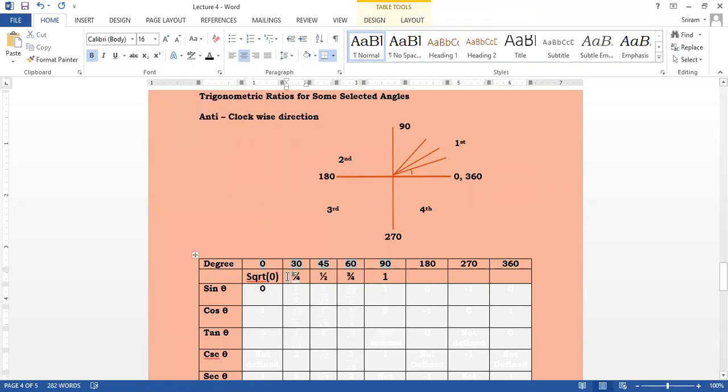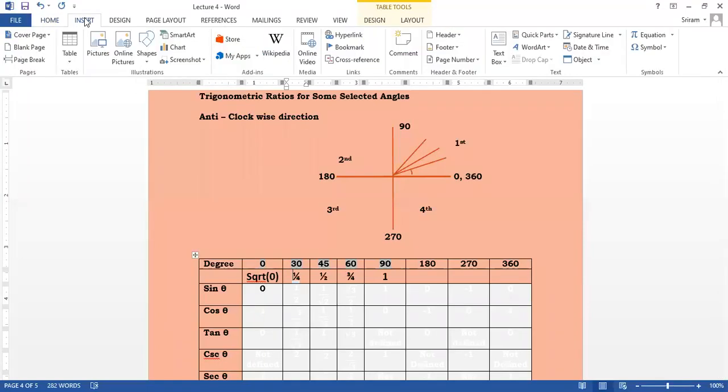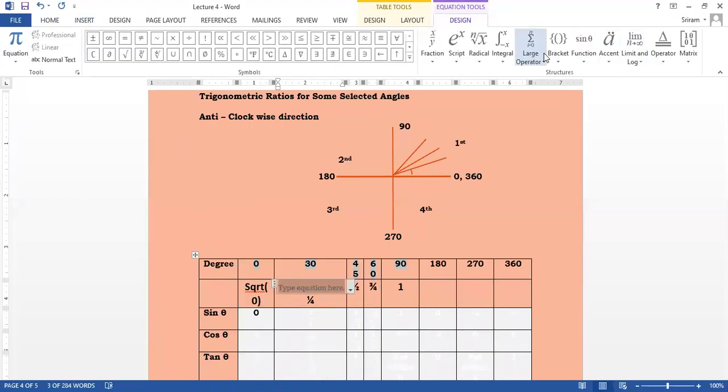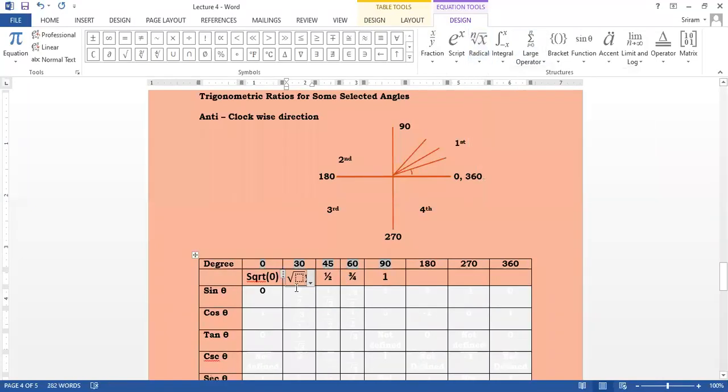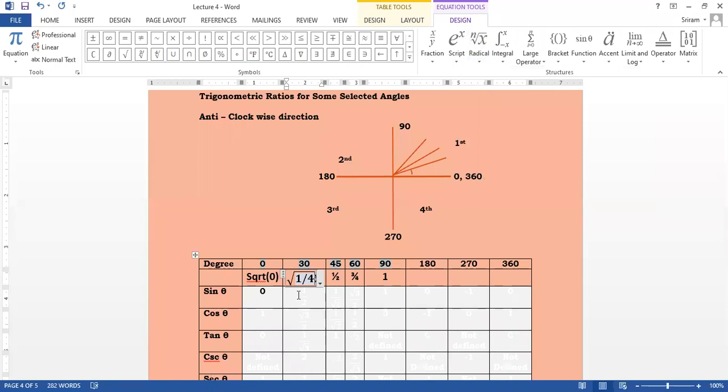I am going to find the square root of 1/4.